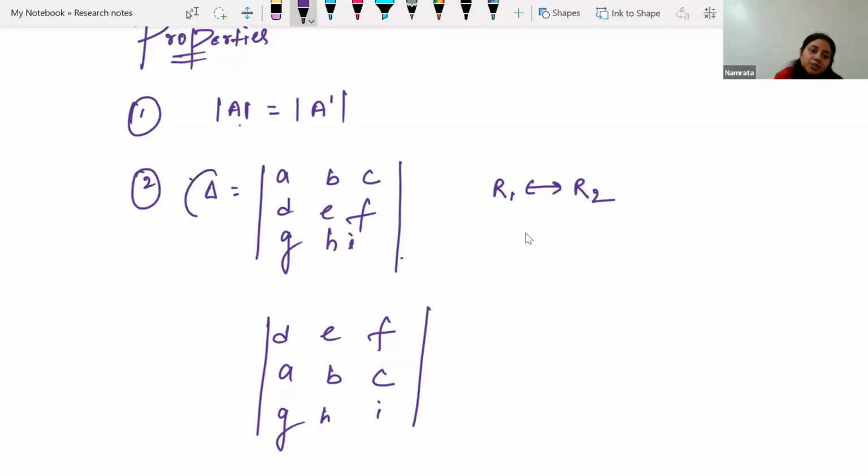If previously it was delta, now I have to write minus delta. So whenever we exchange the rows, we have to reverse the sign. This property you will be able to apply when you apply row operations. While doing row operations, sometimes we write row 1 as row 2 and row 2 as row 1.